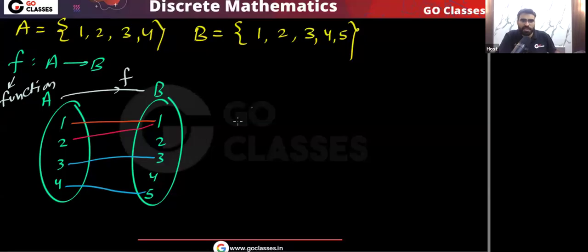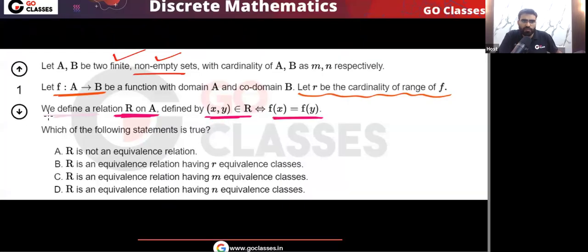Now we are defining a relation on set A. Is this clear? Tell me, on which set are we defining the relation? Who is the base set? We are defining a relation on set A, remember.